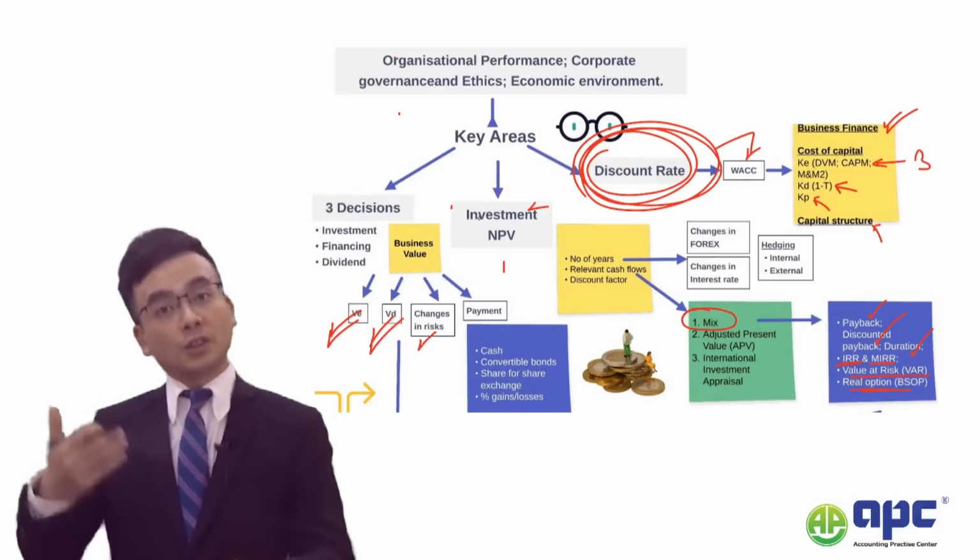Now, of course, linking all of these, we also need to look at the reconstruction and reorganization, because for some businesses, they are public listed companies. However, if the performance is bad, if the performance is poor, the company could be delisted from the stock exchange.